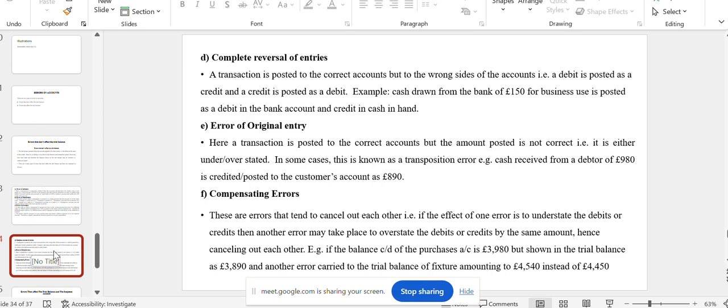Now, this is what you need to know at the end of that particular subtopic: errors that do not affect the trial balance are not corrected in the suspense account.